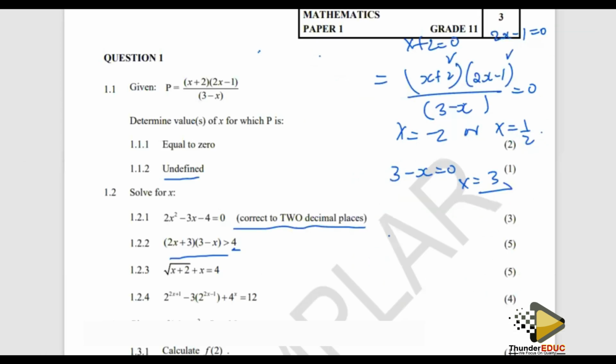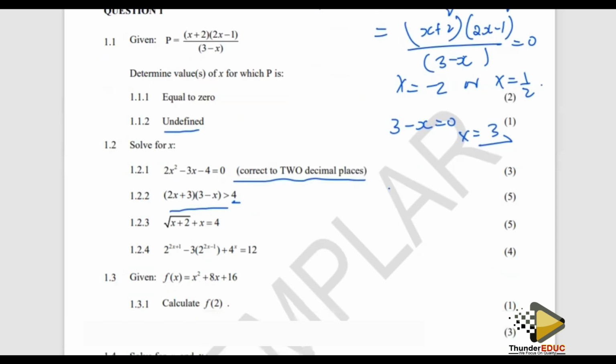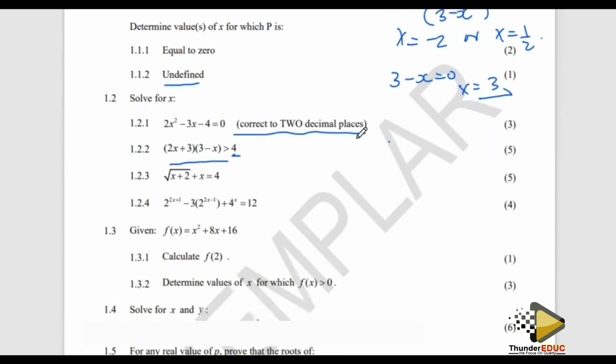Then 1.2.4, if I can squeeze it in. With this, it's an exponential equation, which will require me to do some bit of splitting up.